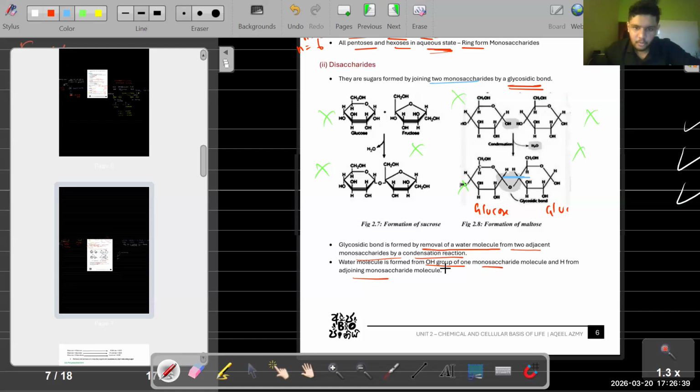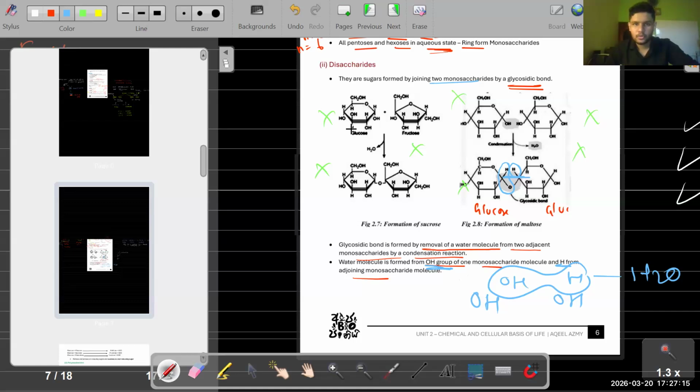Water molecule is formed from OH group of one monosaccharide molecule and H from another. Not between two OH; it is between OH of one and H of another, so it can form an H2O. Can you understand? Is it clear? Yes or no?